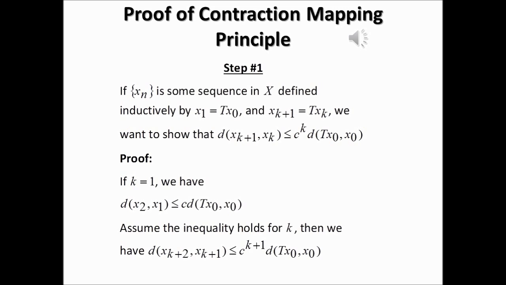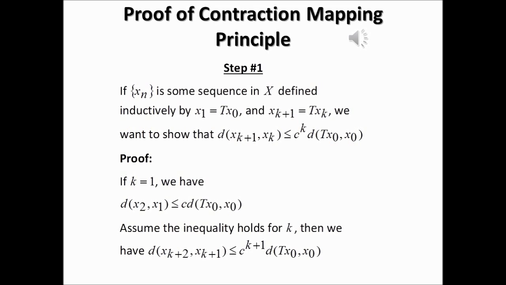But because T is a contraction, the ordinary distance between T of x_{k+1} and T of x_k is less than or equal to c times the ordinary distance between x_{k+1} and x_k.